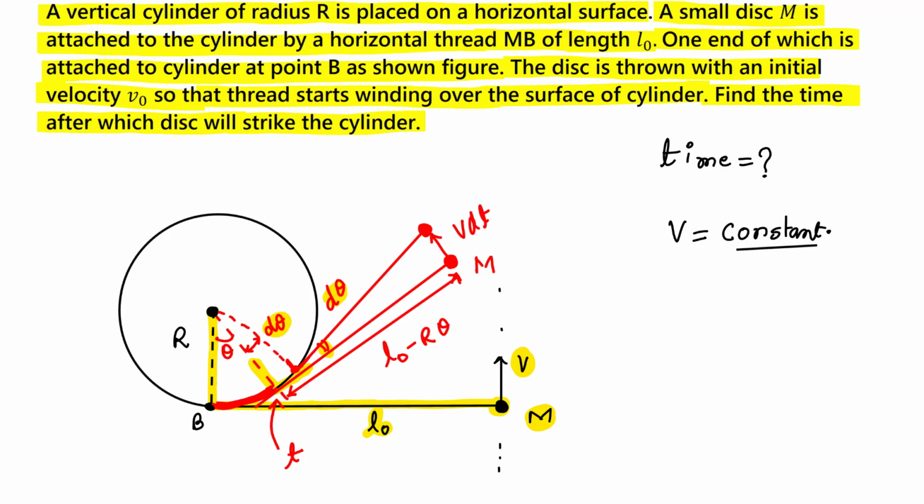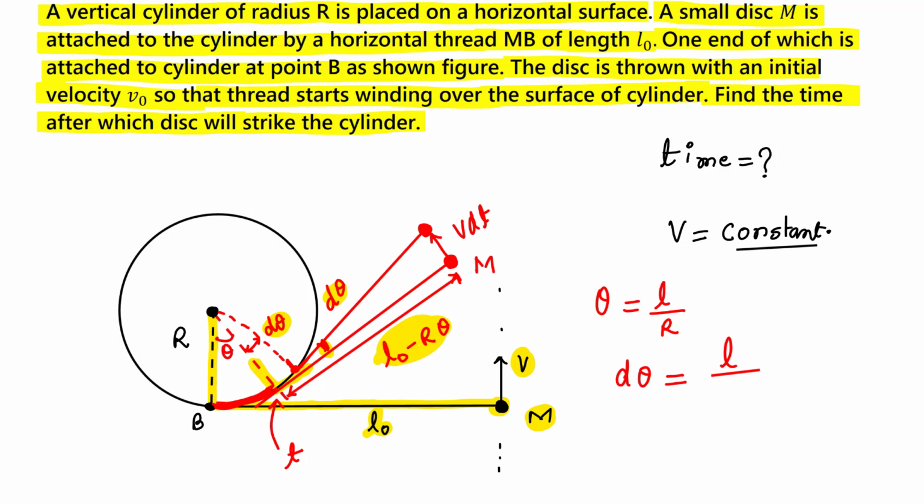Now we can also find this distance using theta equals L by R. In this case theta is d theta, so d theta equals L by R, where this R is L naught minus R theta.